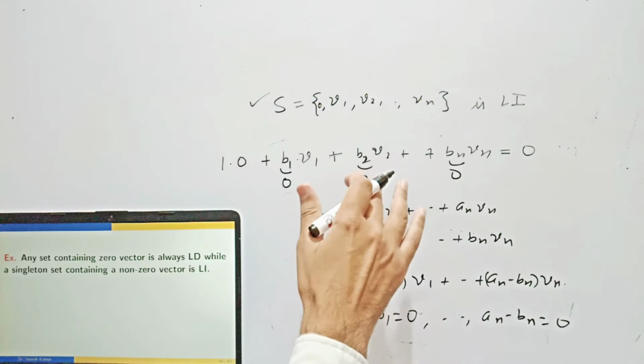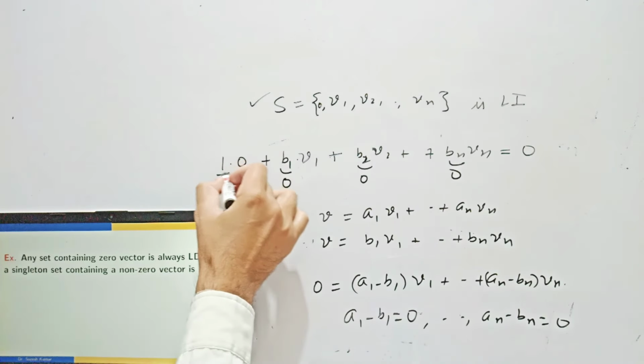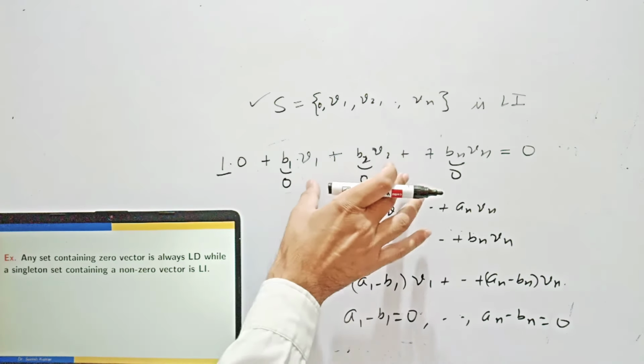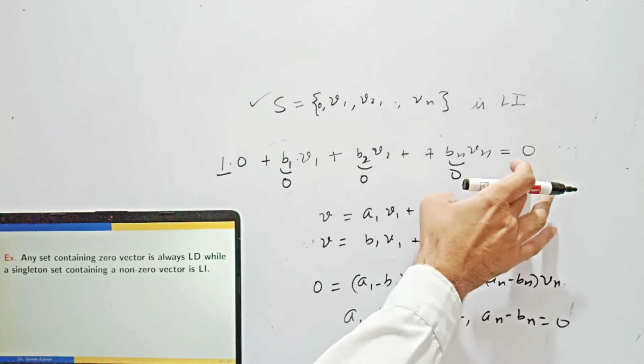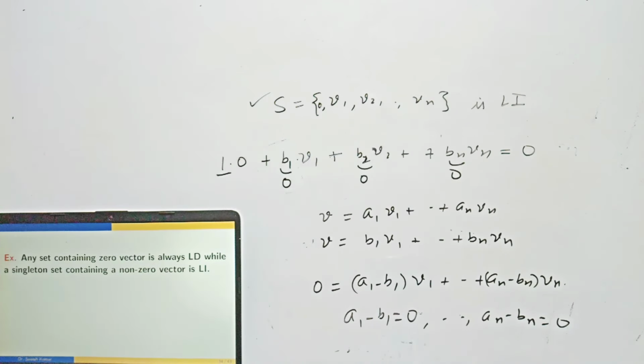This is a linear combination of the members of S where one scalar is non-zero. The whole linear combination is 0, correct? But the scalar with the 0 vector is non-zero. That means these vectors are linearly dependent. So any set containing the 0 vector is linearly dependent.